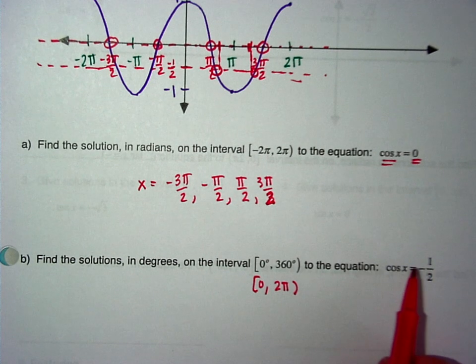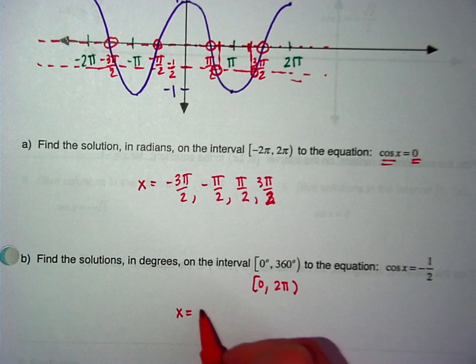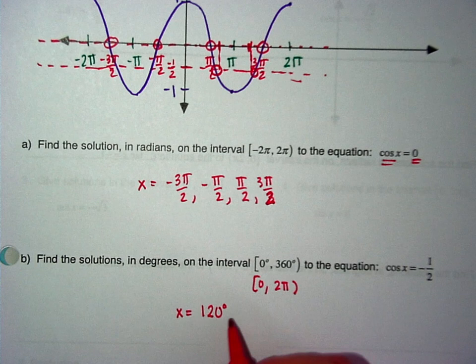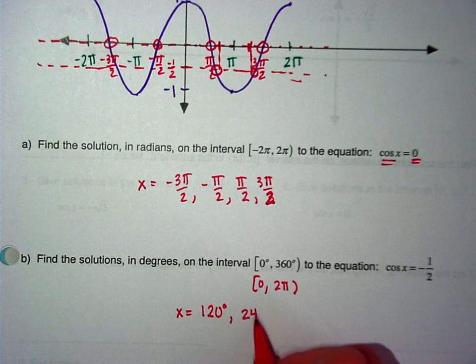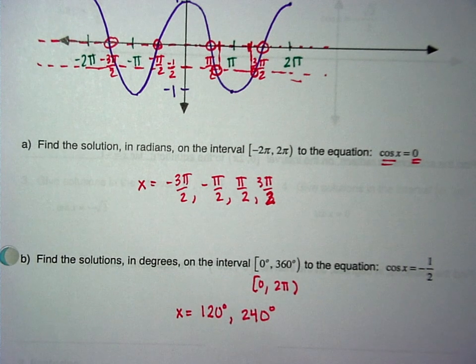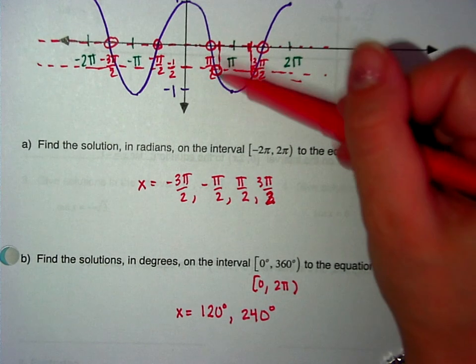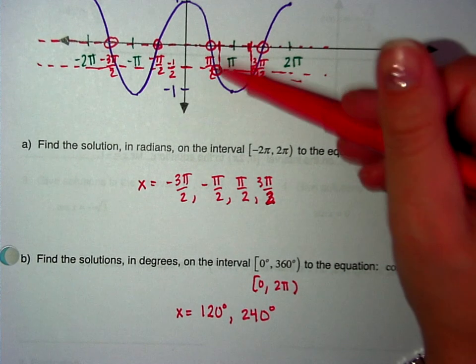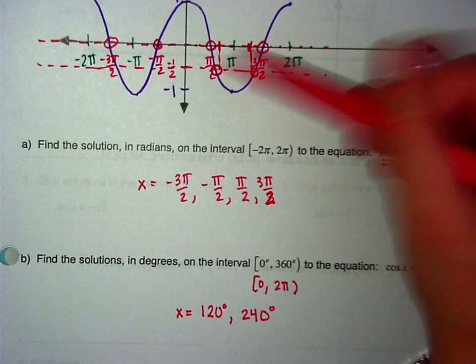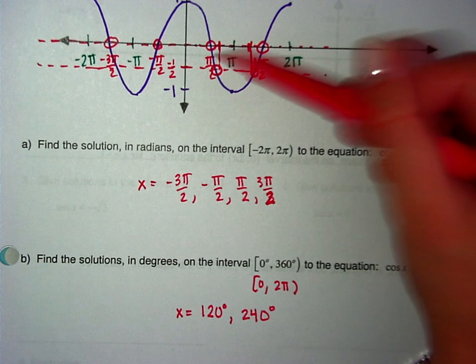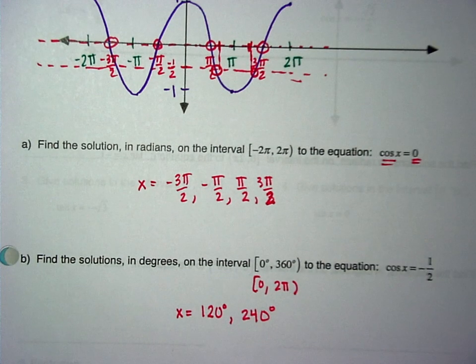We would be at 120 degrees as well as 240 degrees. All right, you'd be over there in quadrants 2 and 3. And again, if I'm looking at it in terms of radians, I could do 2 pi over 3 and 4 pi over 3 as my 2 radian measures here. And that's it, because it only wants it for that interval.